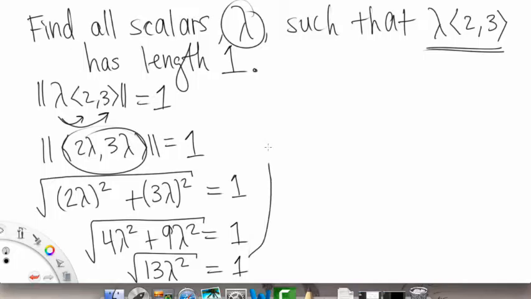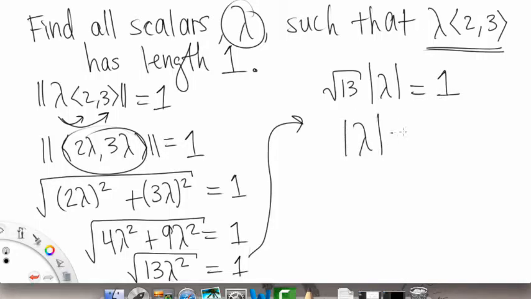Then the lambda comes out, but it has to come out as an absolute value, because lambda could be negative, and because it's squared, it doesn't matter. So we have this absolute value when it comes out of the square root sign, and this again equals 1. So the absolute value of lambda has to equal 1 divided by square root of 13.